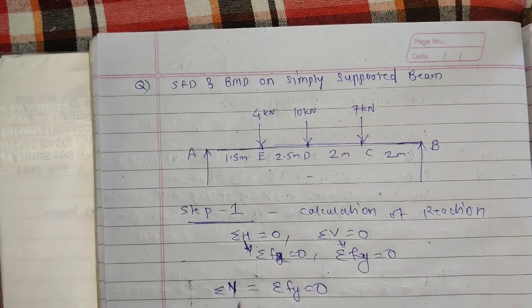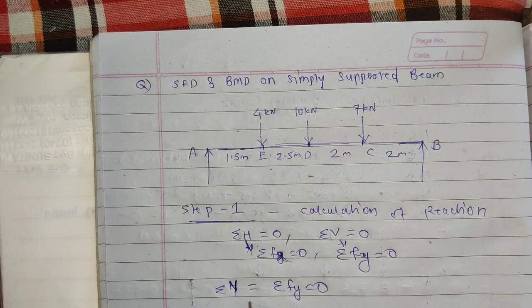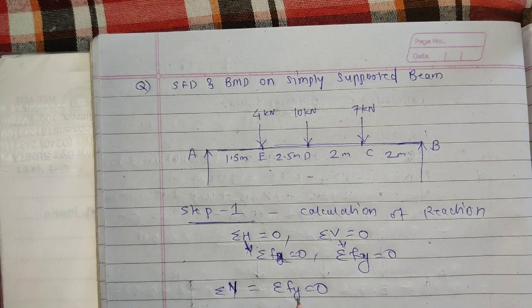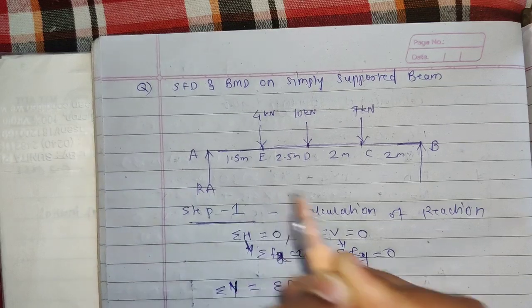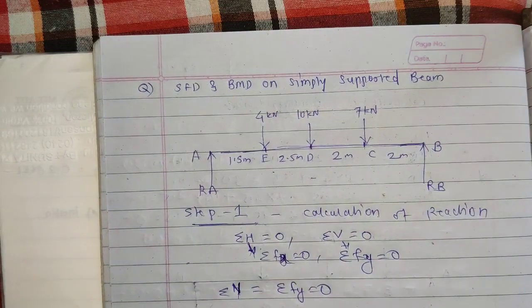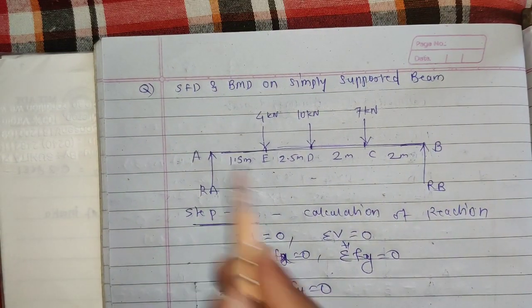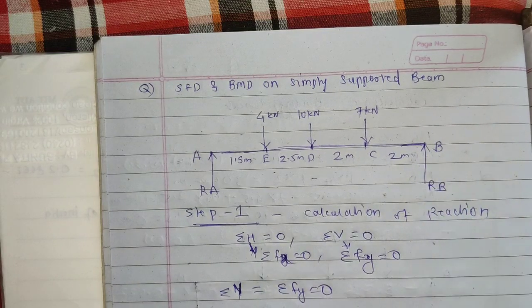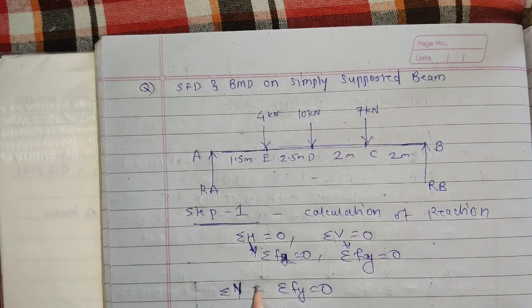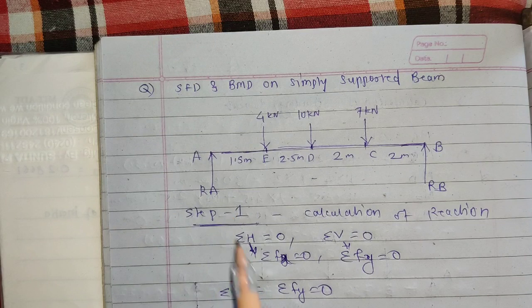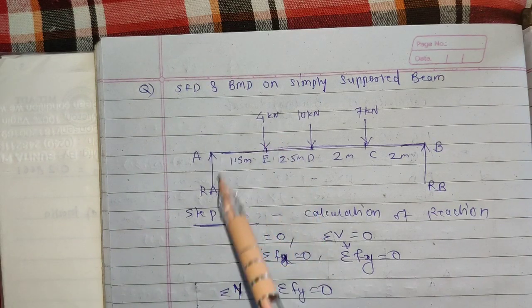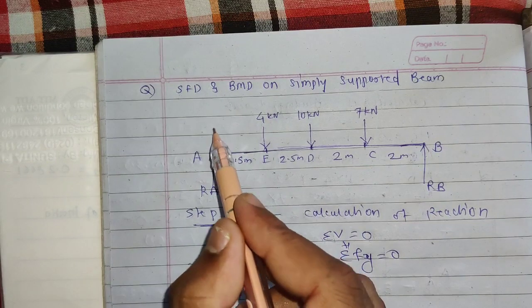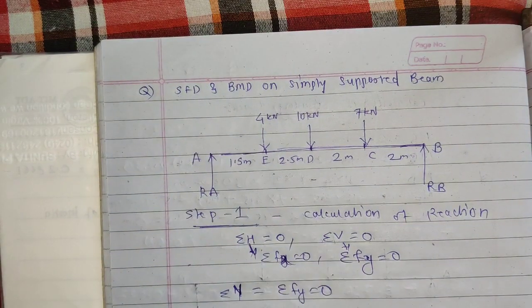So for summation of Fy, we will take Ra and Rb, the reaction force at A and the reaction force at B. All the vertical forces going from down to up, we take positive.